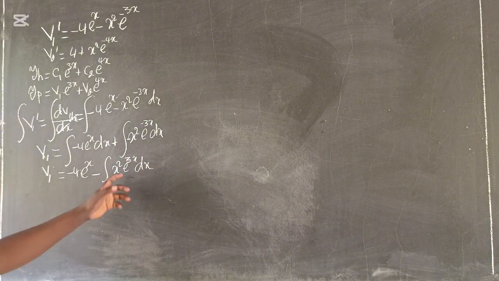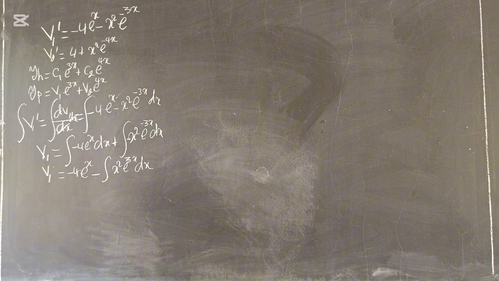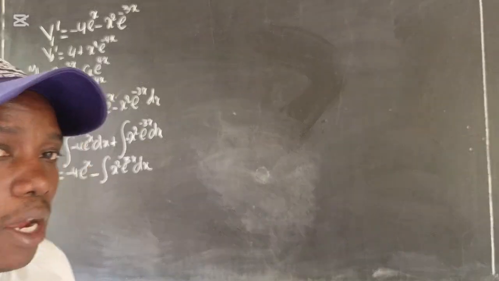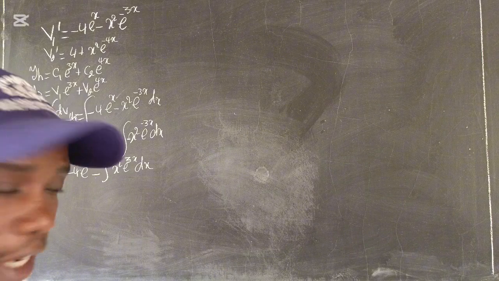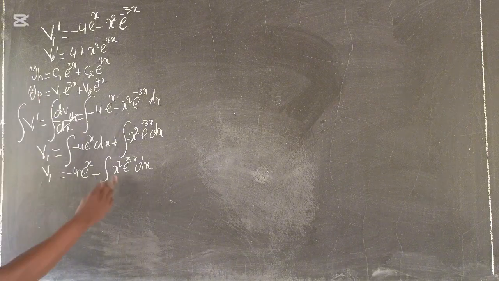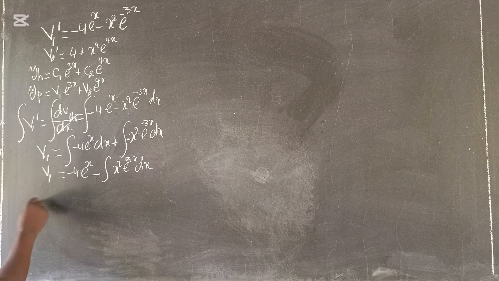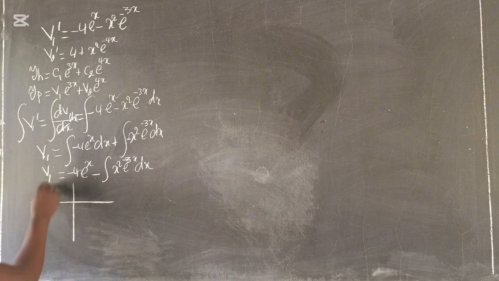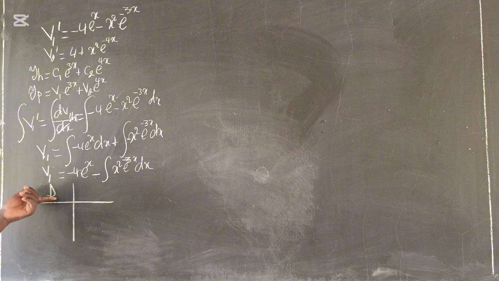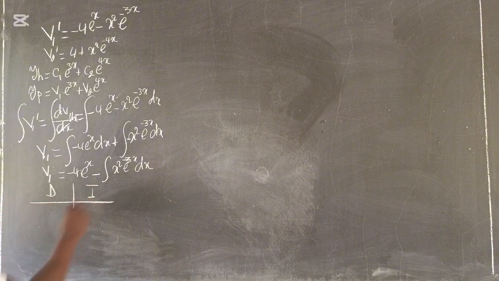As you see, this integral requires us to use integration by parts. Okay, as you see, here we have a polynomial and here we have an exponential. Let's do this. Let this be the part we differentiate, and here the part we integrate.